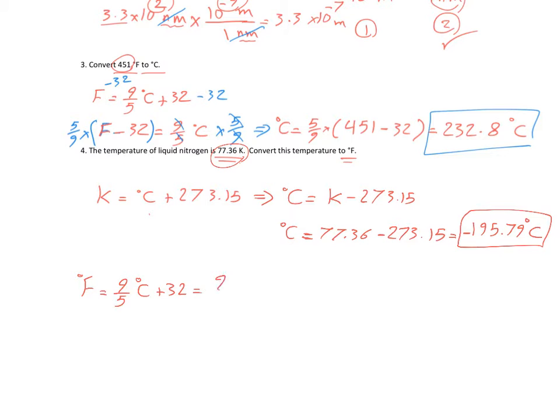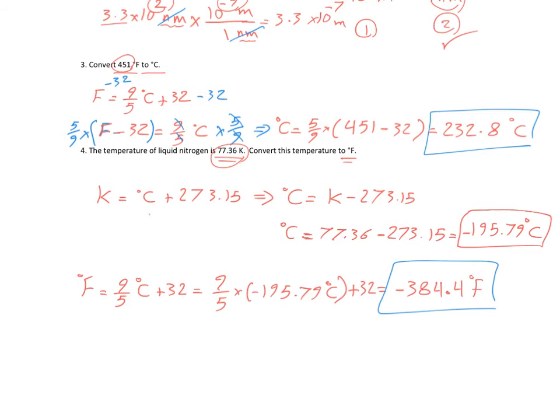So it's 9 over 5 times negative 195.79 degrees Celsius plus 32. And that will be negative 320.4 degrees Fahrenheit. So that's the final answer. Okay, so this is the end of the first worksheet.